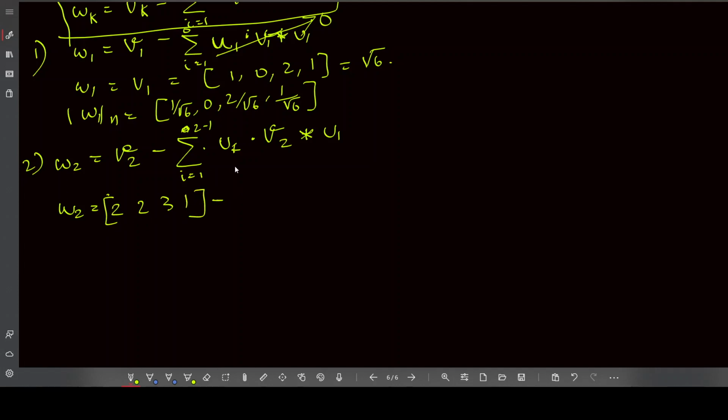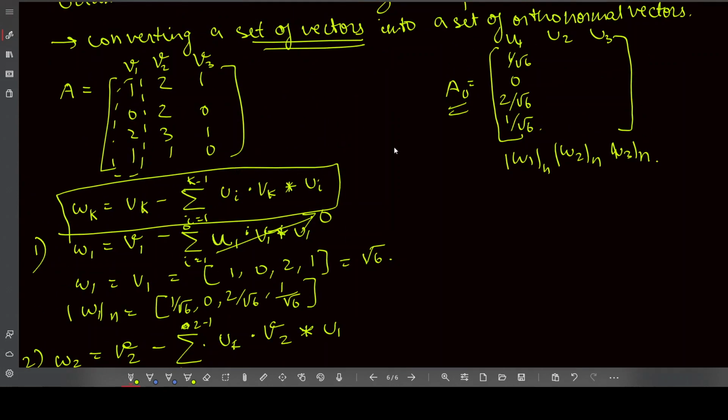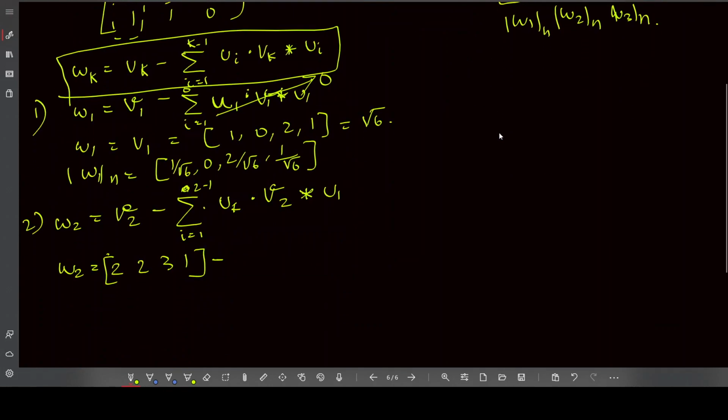Minus, what is U1? U1 is this normalized vector that we found. It's 1 by under root 6, 0, 2 by under root 6, 1 by under root 6.